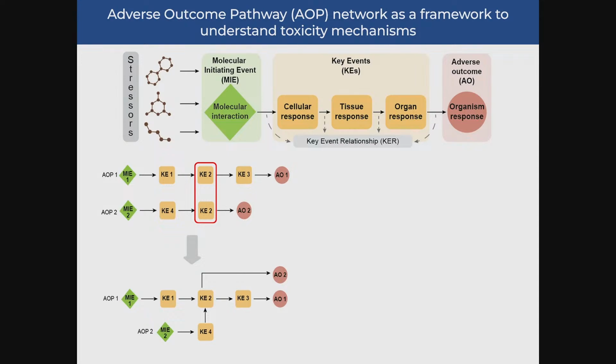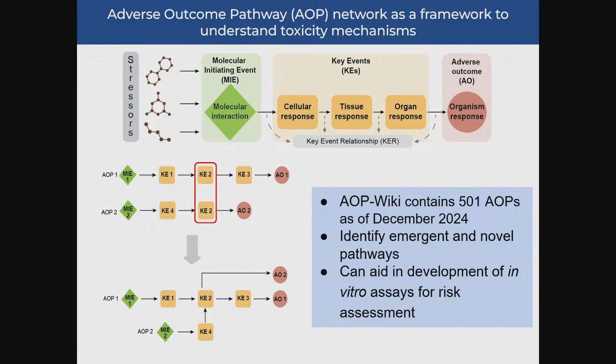These are linear pathways where each key event, that is each node, as well as the links between them, has to be substantiated with experimental or literature-based evidence. Now, if there are two different AOPs related to a single chemical, and they share a node, we can construct a network out of it. These networks are useful to identify emergent and novel pathways which are not identified in the individual networks.